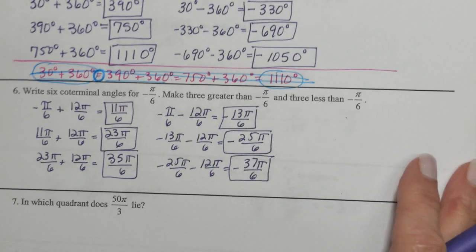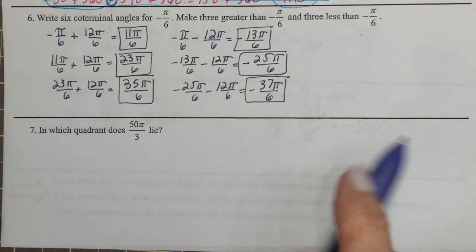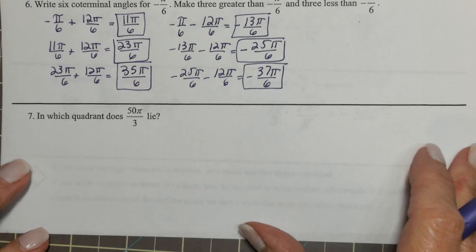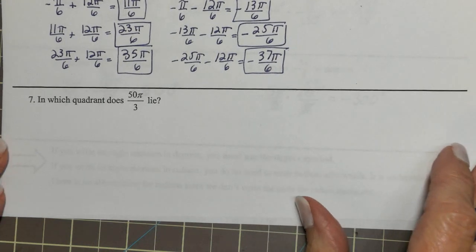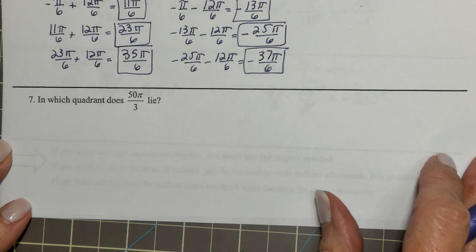Okay. Alrighty. In which quadrant does 50 pi over 3 lie in? In which quadrant does it lie in? So in class I let everybody brainstorm on how to figure this out. And they had some good ideas. They had a variety of good ideas.